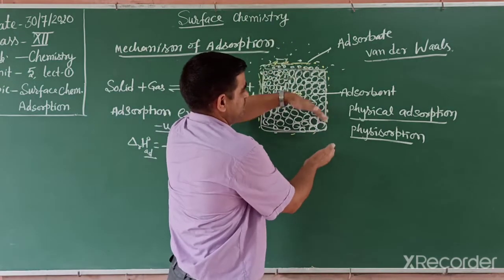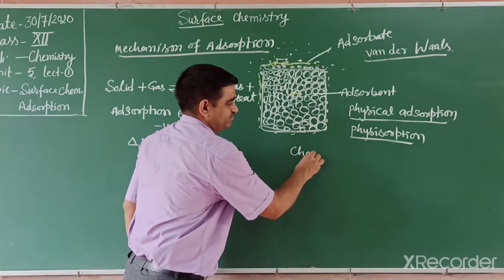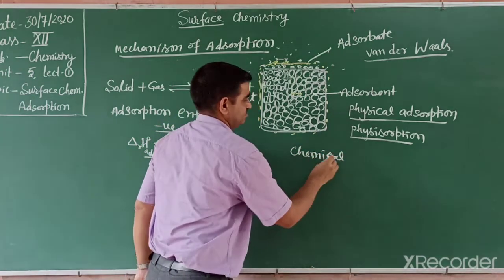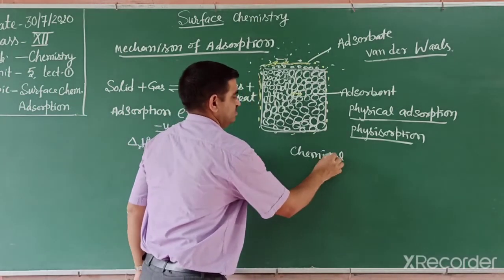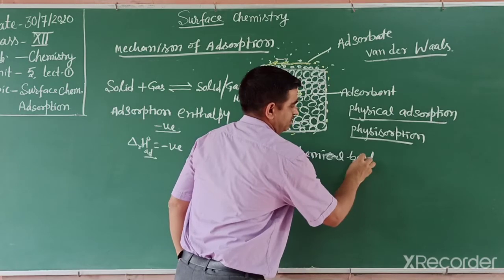If between adsorbate and adsorbent there is a strong bond, a chemical bond formation, which type of chemical bonds?